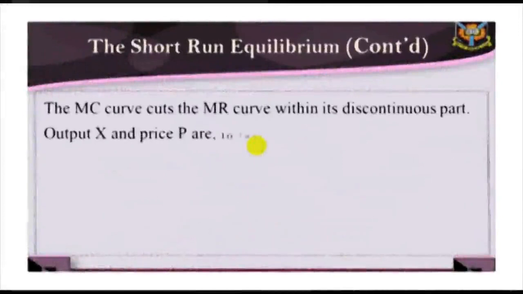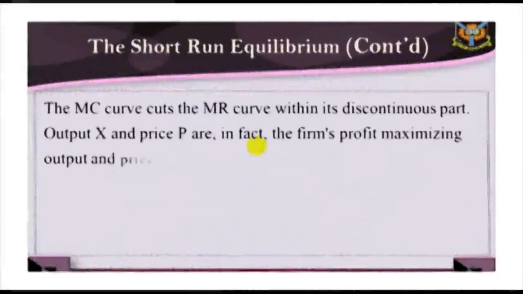Cost curves, short-run average cost and short-run marginal cost, are such that at price P, some profit can be made. The MC curve cuts the MR curve within its discontinuous part. Output X and price P are in fact the firm's profit maximizing output and price.